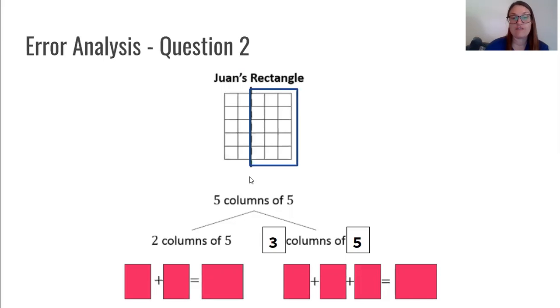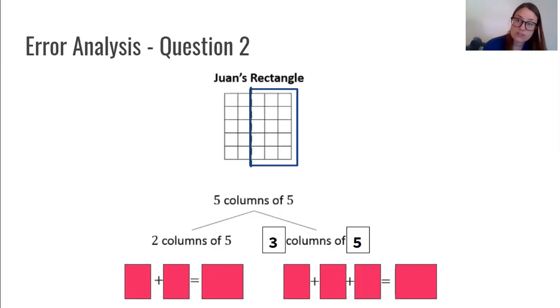There are 5 because we know that in the array it's repeated addition. So if there are 5 squares in this column, there have to be 5 squares in these columns, right? The size doesn't really change, okay? The number of columns is the only thing that changed. So now we have split the array into 2 parts.